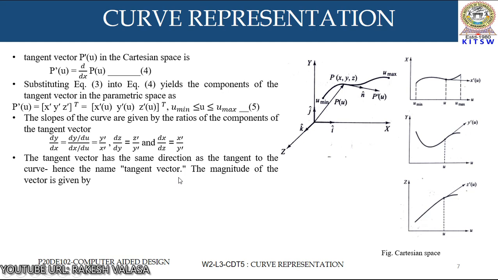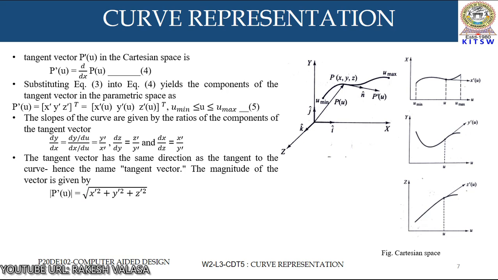Now let us calculate the magnitude of that vector. Already we know how to calculate the tangent vector, as we are studying engineering physics and engineering mechanics. For calculating the magnitude of that tangent vector, the determinant of P dash of u equal to under root x dash square plus y dash square plus z dash square.